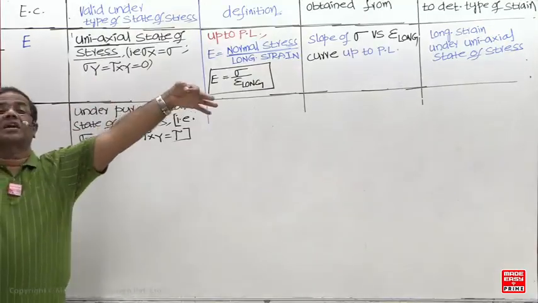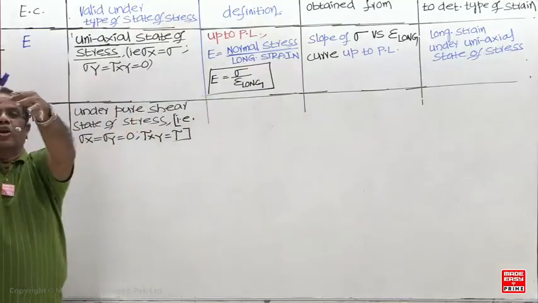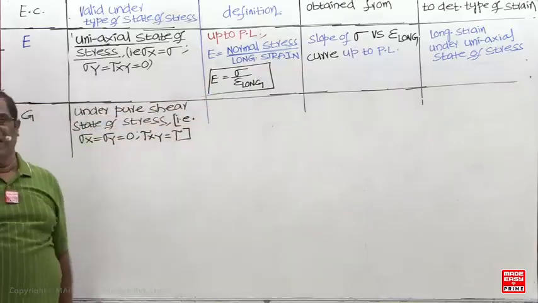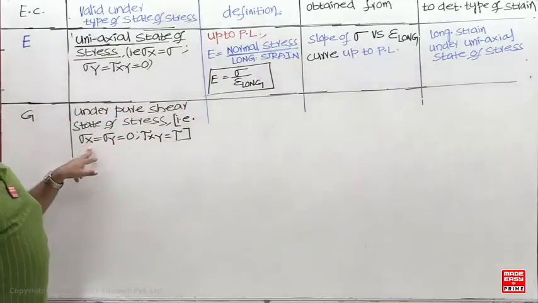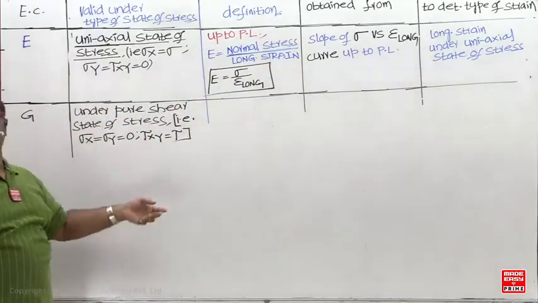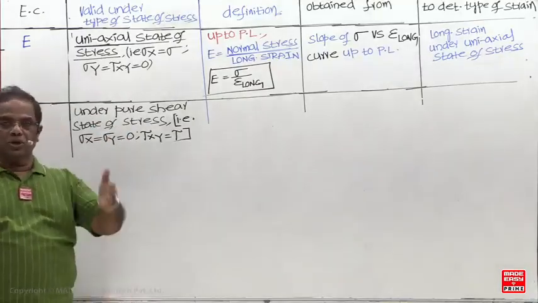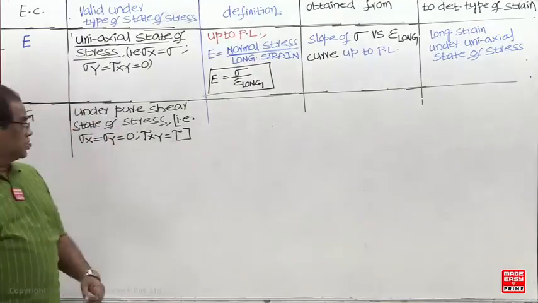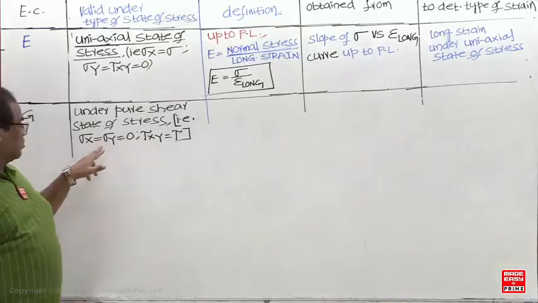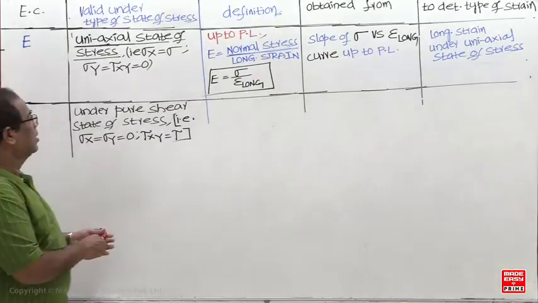Tension test is conducted under pure axial loading. Pure axial load means normal load is applied in only one direction. Pure shear state of stress is obtained from the torsion test. On the cross section you get only torsional shear stress, sigma x and sigma y are 0.